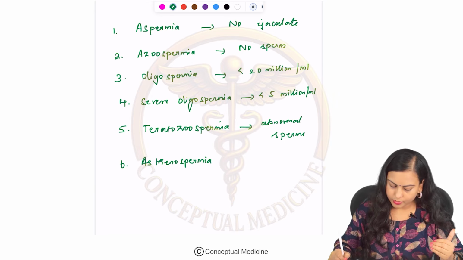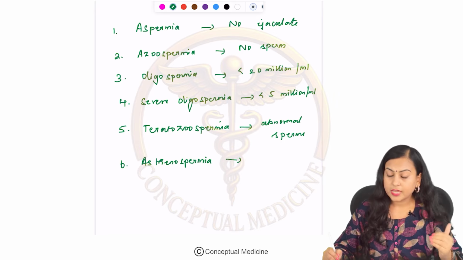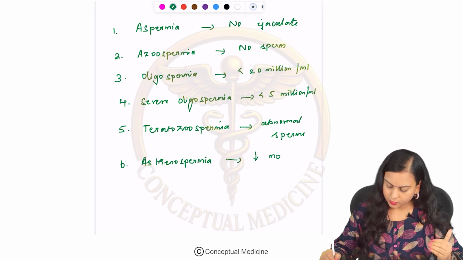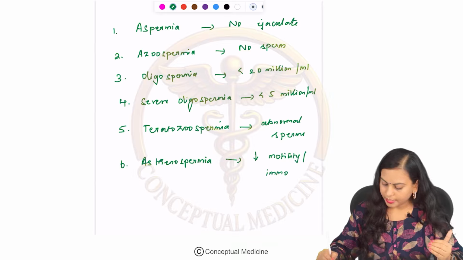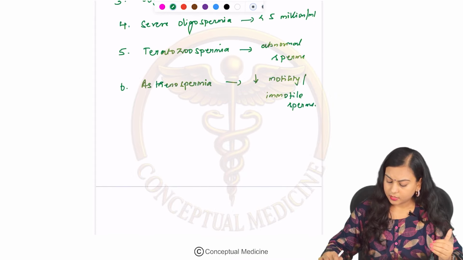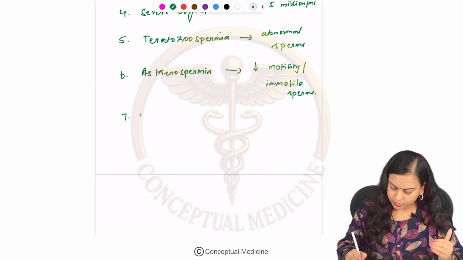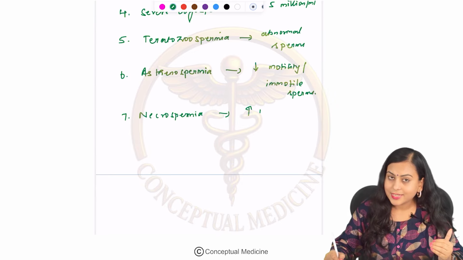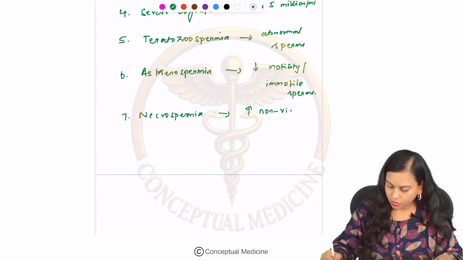Astheno means about the speed, so there is decreased motility or there are more immotile sperms. This is what you have to remember. And there is also another term, necrospermia or necrozoospermia. That means there is an increased number of non-viable sperms.